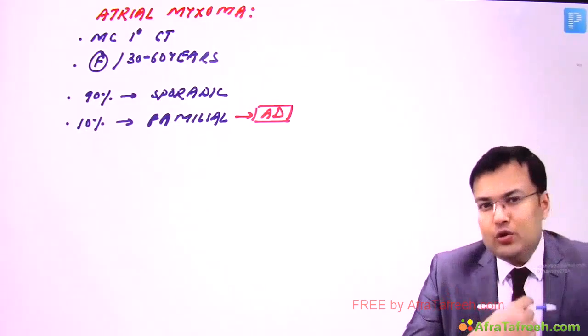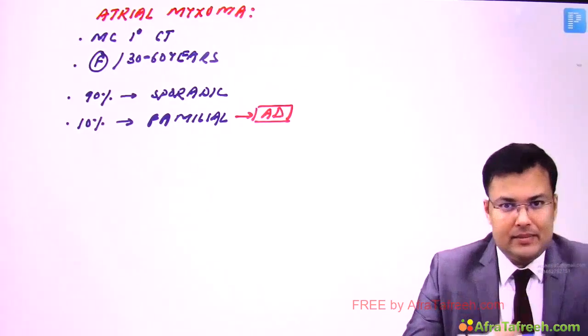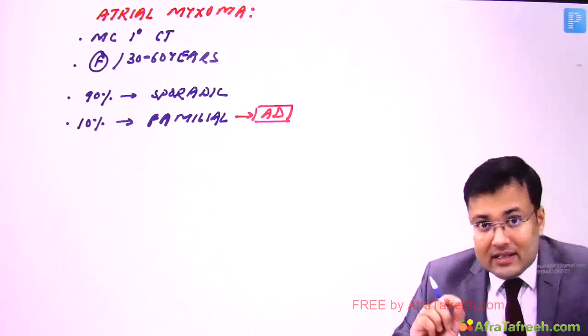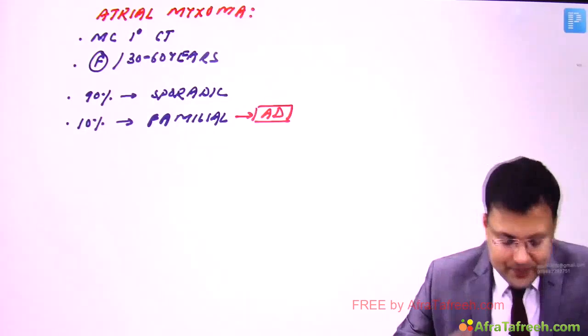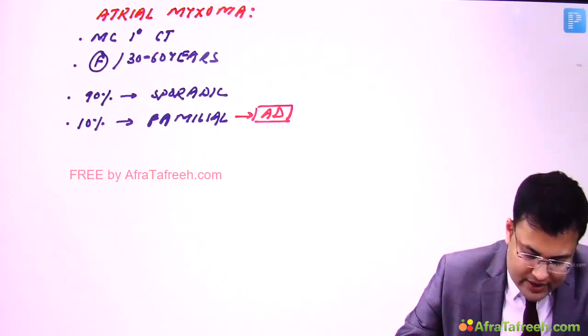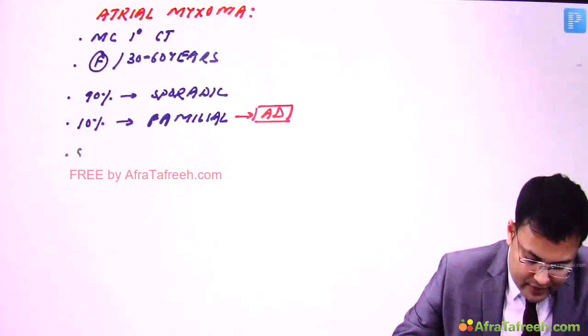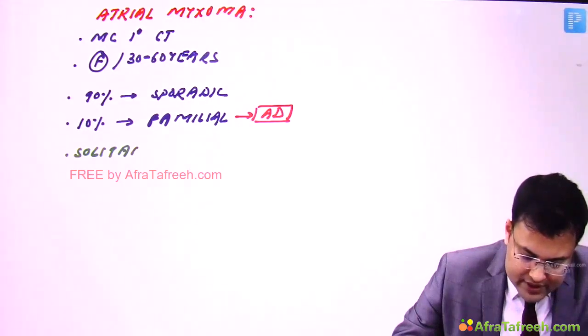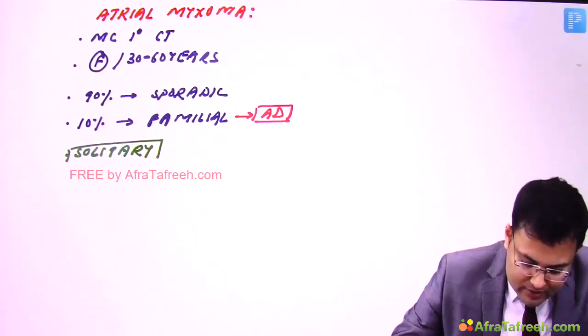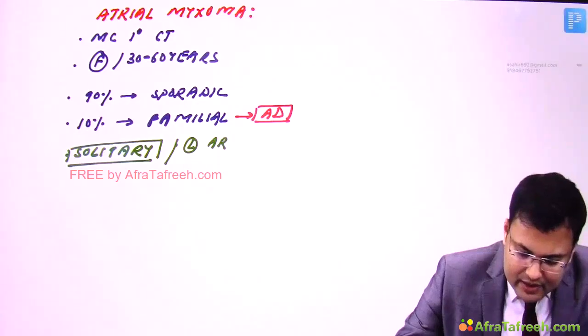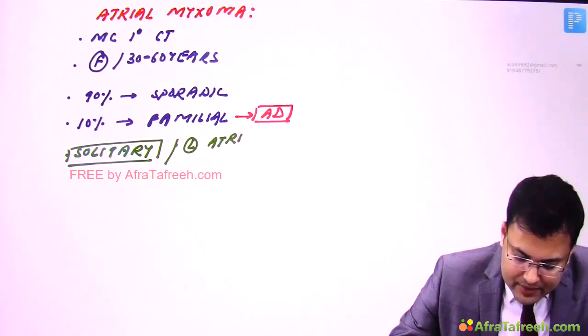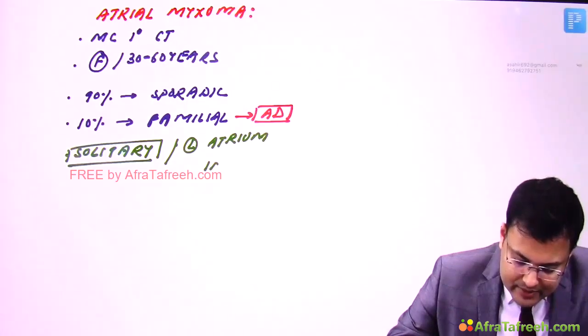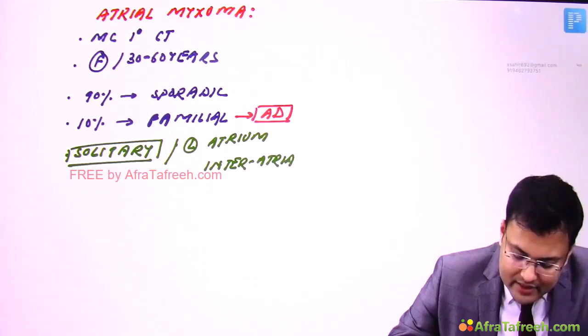Usually it arises from the interatrial septum. And in the majority of cases there is a single tumor, so it's solitary, usually single. The most common site is left atrium, and exactly it arises from the interatrial septum.